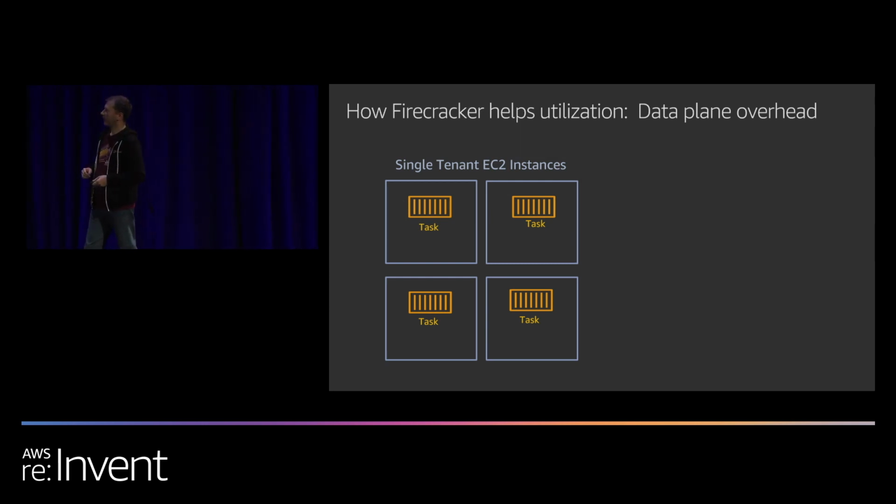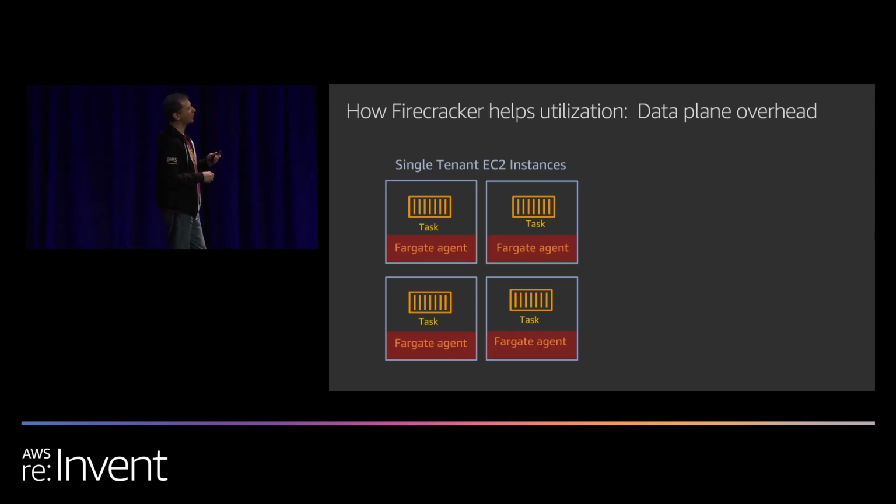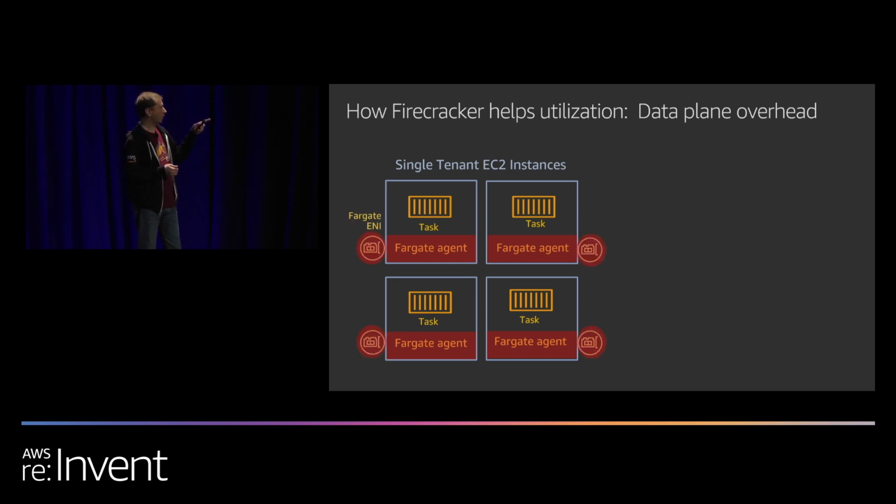Another area of innovation enabled by Firecracker is the reduction of the data plane overhead. With the single-tenant EC2 instances, we were forced to run a copy of the Fargate agent next to each task. The Fargate agent is just another process which consumes CPU cycles and some memory. It's not much, but when you run a large fleet like we do, it does add up. Also, because the Fargate agent needs to talk to the Fargate control plane, we have to attach a Fargate ENI to each instance.